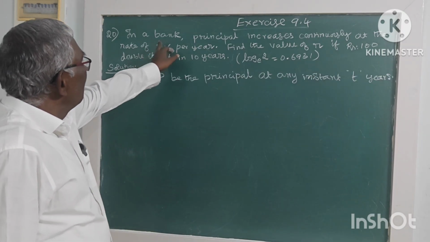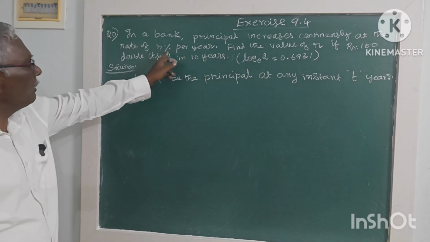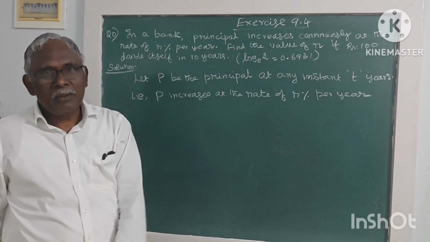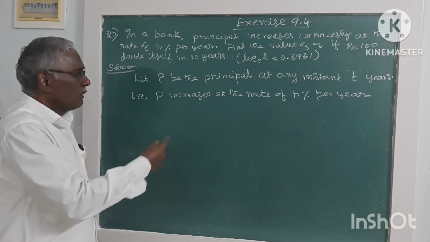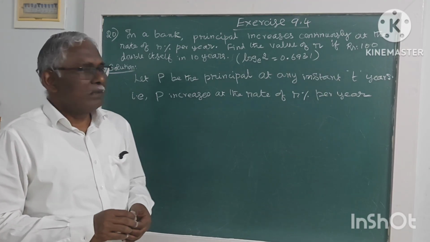Then principal increases continuously at the rate of r% per year. Here rate means with respect to time. So P changes with respect to time at the rate of r% per year.